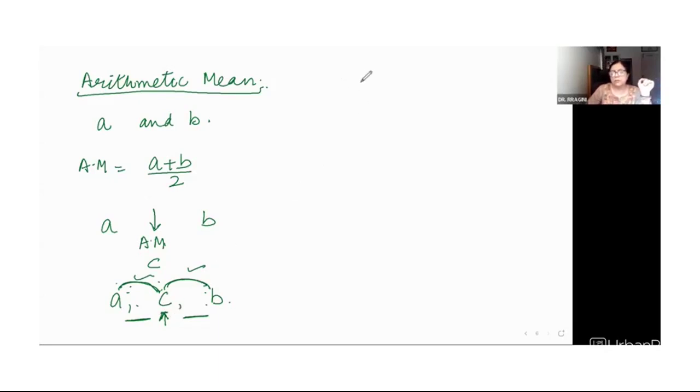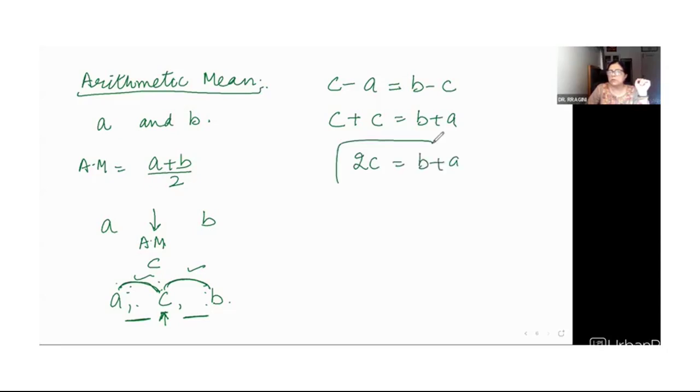So how can we write this? C minus A is equal to B minus C. Now solve this: take C to this side and this becomes B plus A. So twice C is B plus A. This is a result you can directly use when it is given in the question that three numbers are in AP.